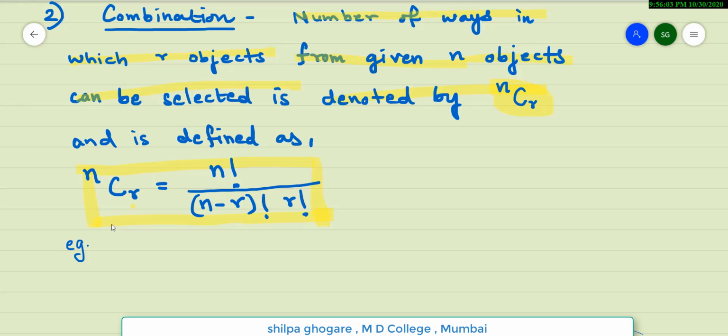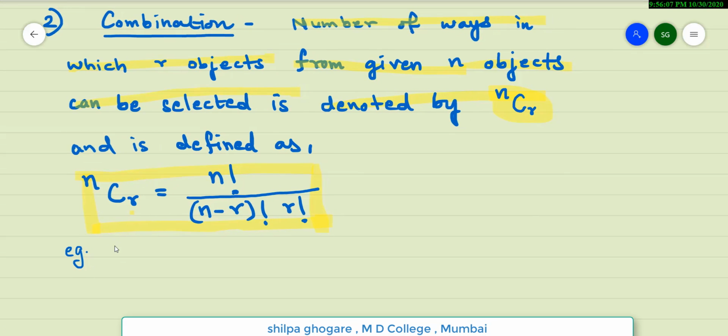For example, let us see how to compute 3C2. What you mean by 3C2 is the number of ways in which two objects from three objects can be selected, and using the formula we get 3 factorial upon 3 minus 2, which is 1 factorial, and r is 2, so it is 2 factorial.